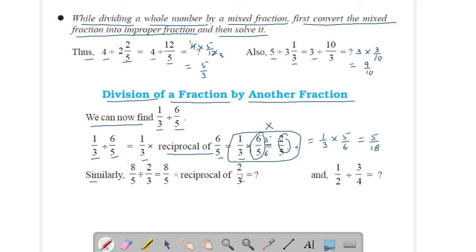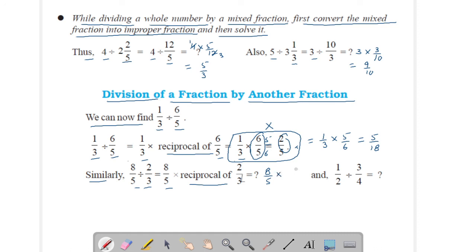Similarly, 8 upon 5 divided by 2 upon 3. This can be written as 8 upon 5 into the reciprocal of 2 upon 3.